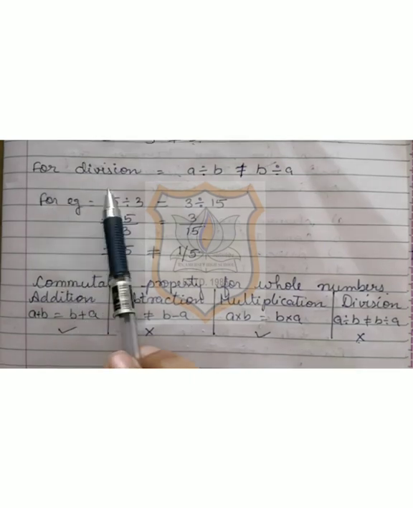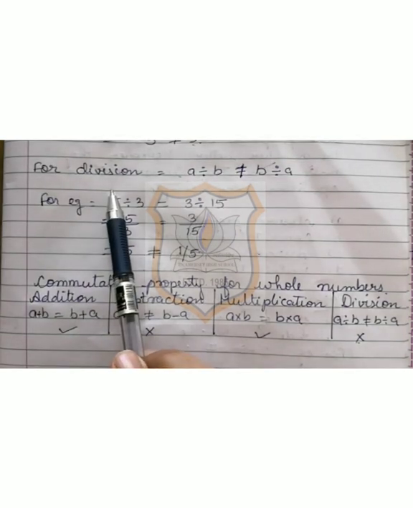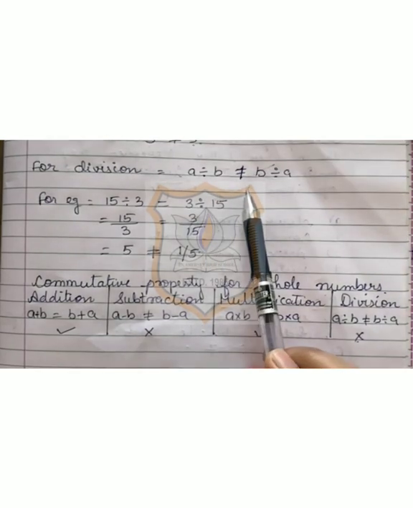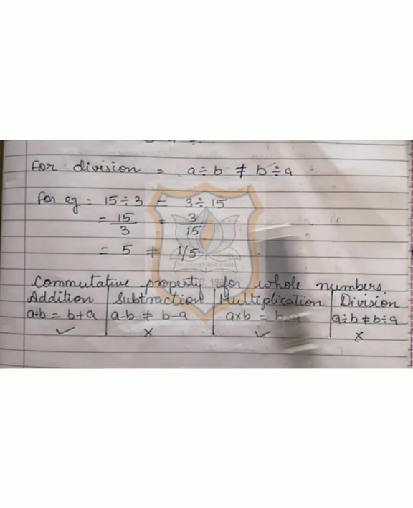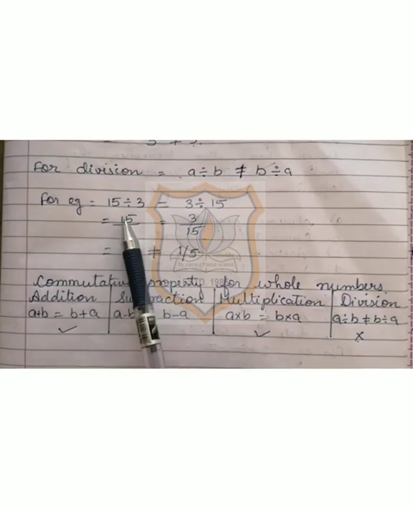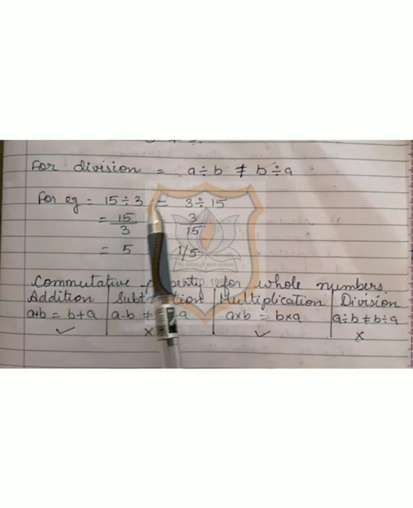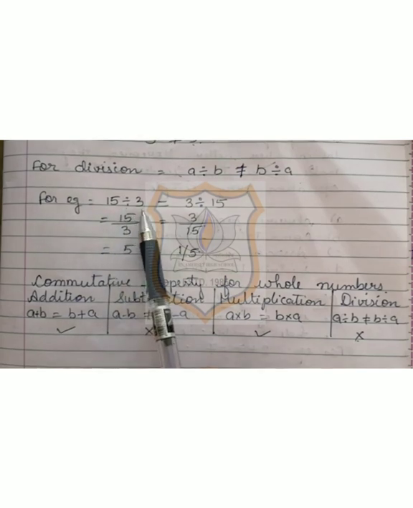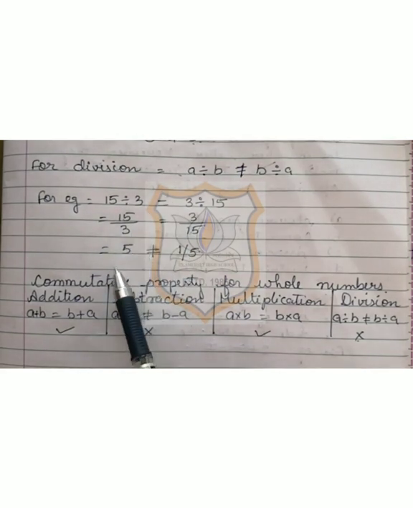Now for division. The commutative property also does not work for division. A divided by b is not equals to b divided by a, which we can prove by solving an example. If the value of a is 15 and the value of b is 3, first we will divide 15 by 3, which comes to 5.